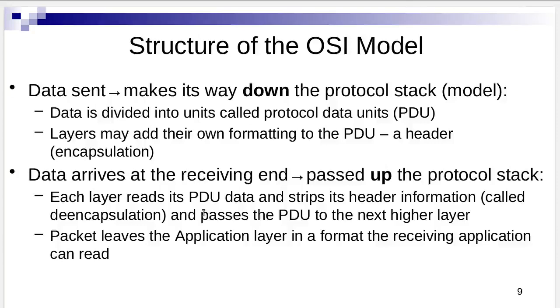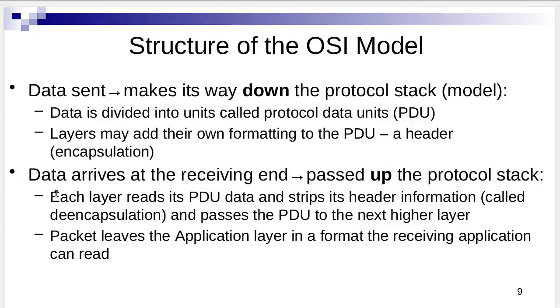And then it goes out on the physical layer on the media, reaches the receiving end, and when data arrives at the receiving end, it is passed up the protocol stack. So all of this pretty much works the same way in OSI and in TCP/IP.